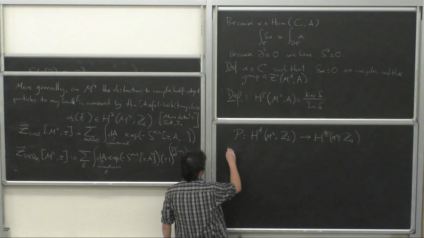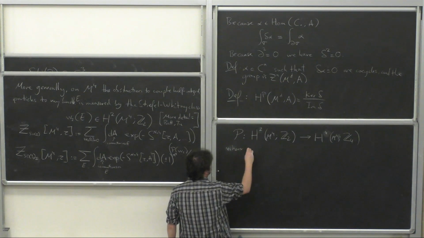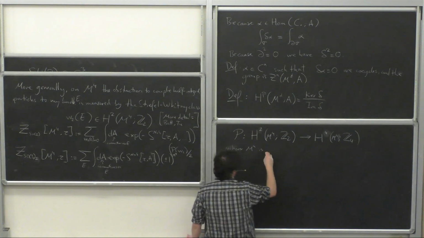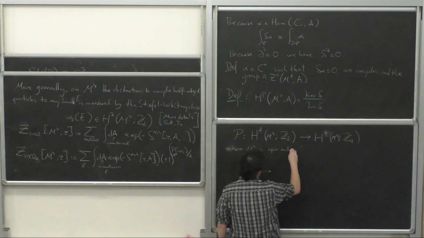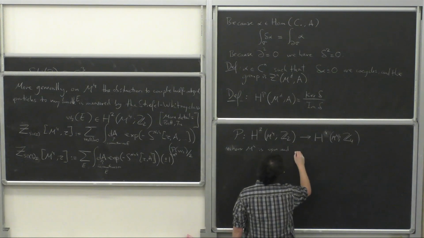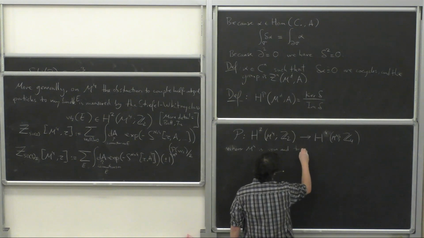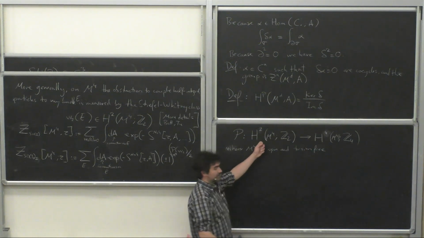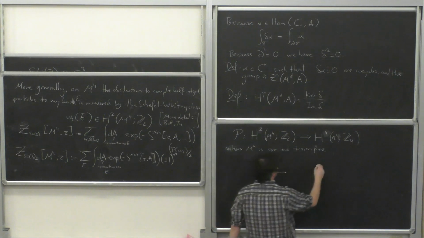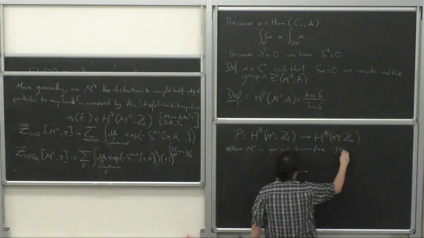Now, whenever M4 is spin and torsion free, that means that there's no torsional subgroup of H2, then I can define the Pontryagin square in a simple way.